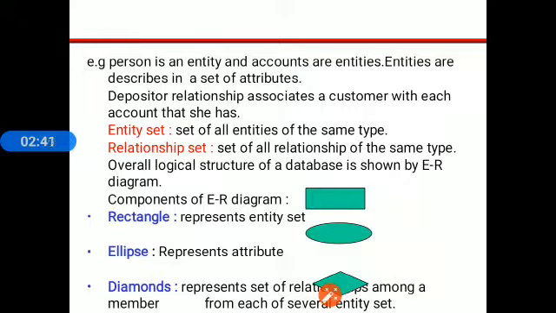Diamonds represent the relationship among members of several entities. That means what type of relation exists between two entities is shown by a diamond. Lines are also used in the ER diagram. These lines indicate the link between two entity sets.